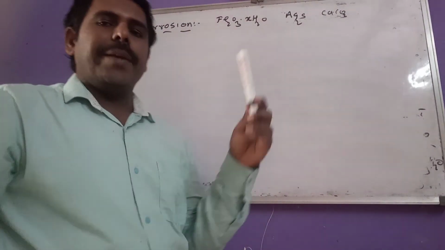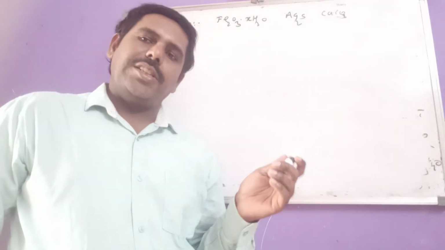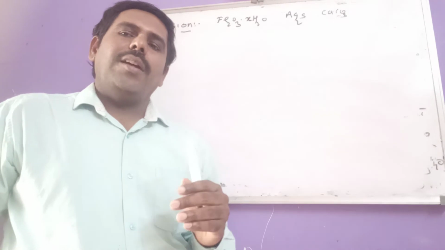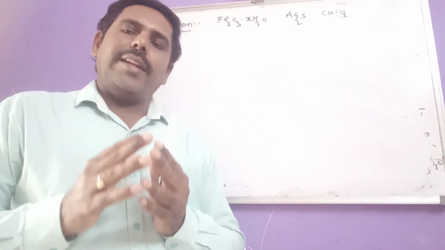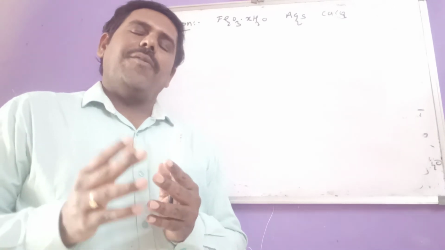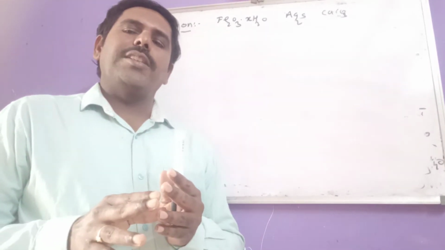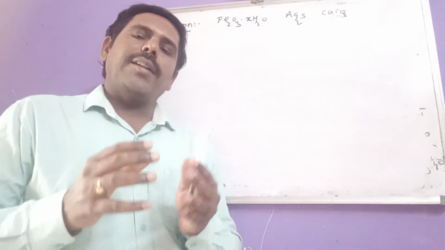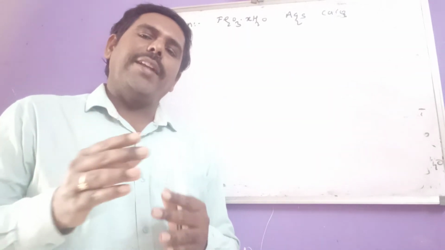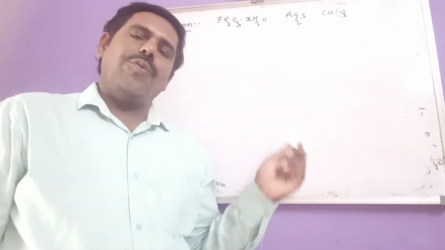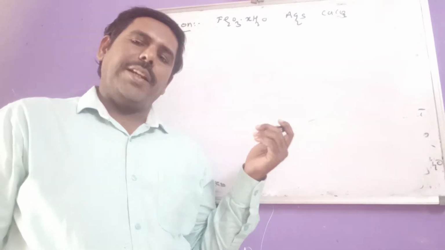So these are the examples of corrosion. Then what is our next task? What is the reason for corrosion, what is the mechanism of corrosion, and what precautions we have to take to prevent corrosion? We have to go through the remaining topics.